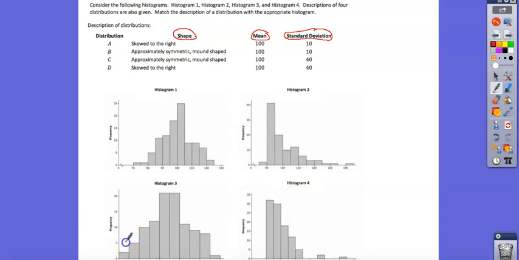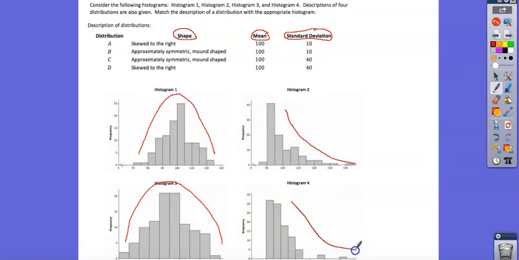Now in these, the first thing I'm going to do is, okay, well this shape looks pretty symmetrical. This one's not too bad either. Look at this one. It's way skewed to the right. This one's way skewed to the right. So I know this one has got to be A or D. Because here it is, skewed to the right, skewed to the right.